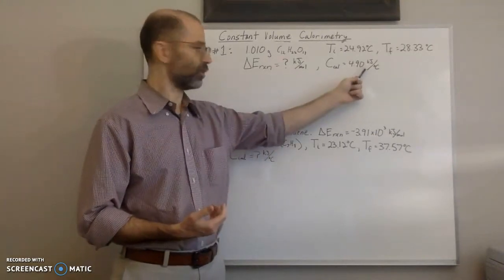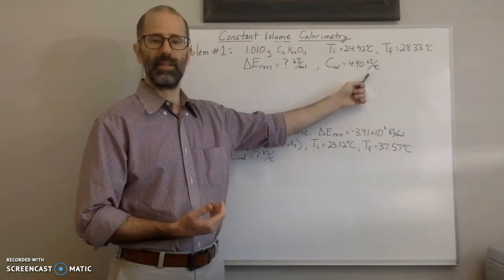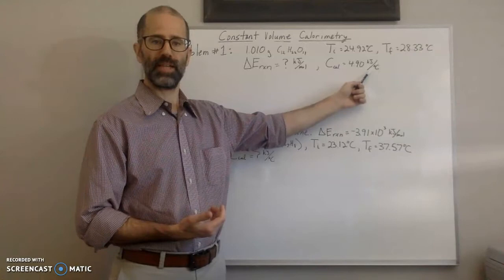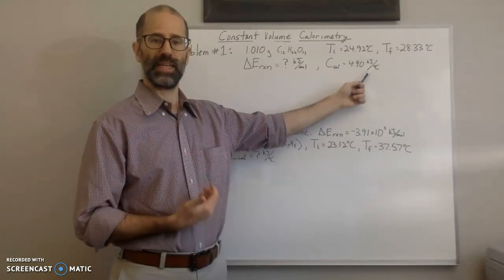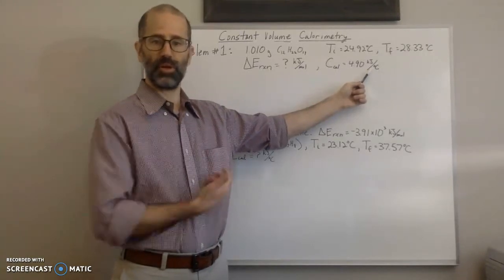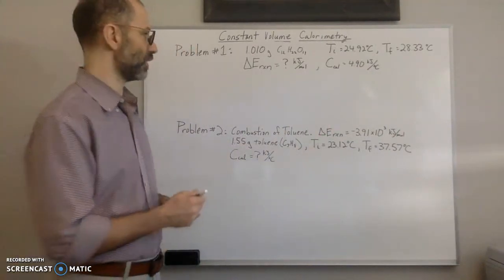Here we have kilojoules, which is an energy unit, but it's divided by the unit of temperature, in this case degrees Celsius. So in order to get the energy unit by itself, you need to multiply by a change in temperature. That's going to give you the formula you need.